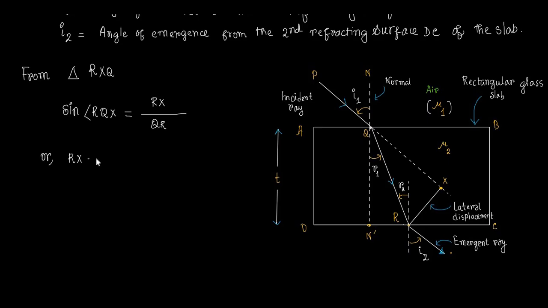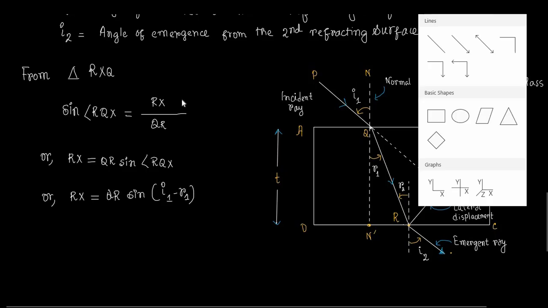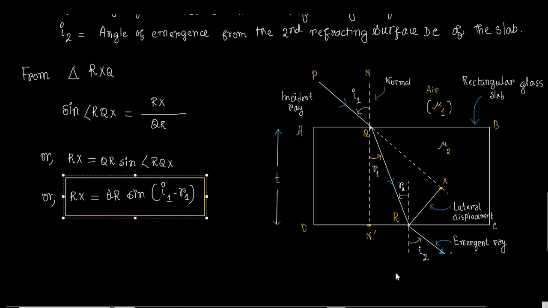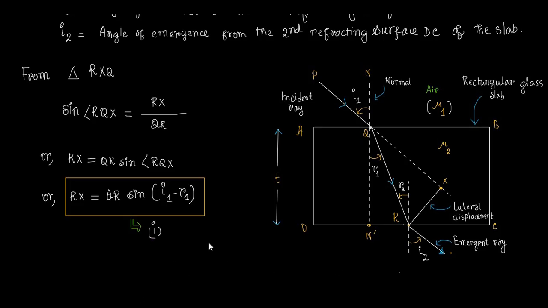Or, RX is equal to QR into sine of angle RQX, or RX is equal to QR into sine (I1 minus R1). So this is the expression of lateral displacement of the ray of light: RX is equal to QR into sine (I1 minus R1), where angle RQX is equal to I1 minus R1. This is equation 1.